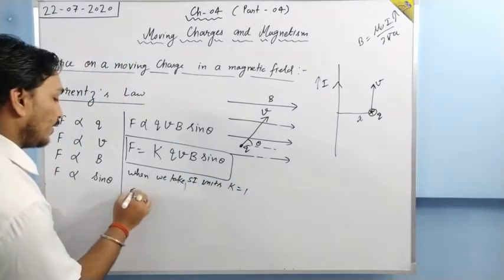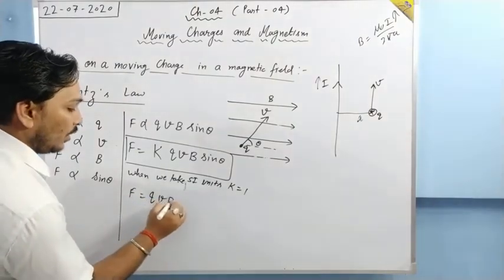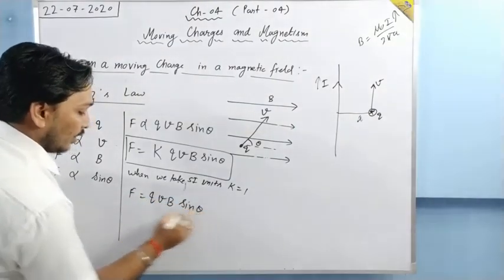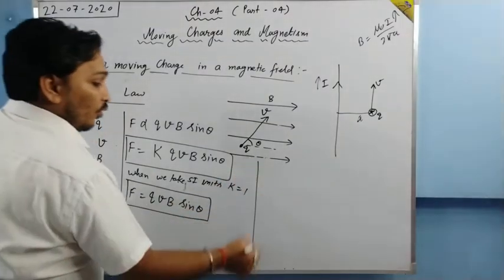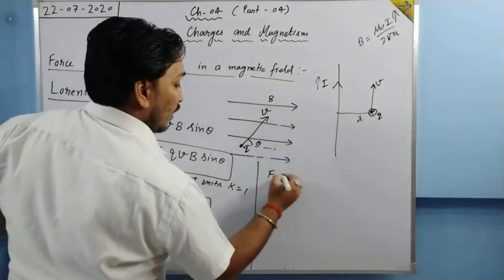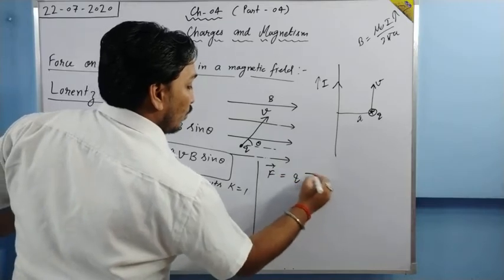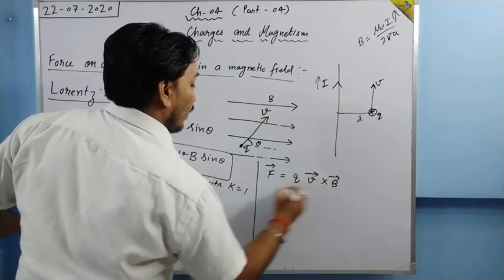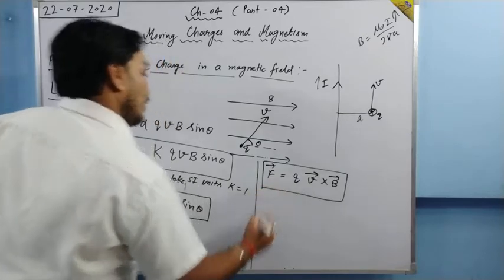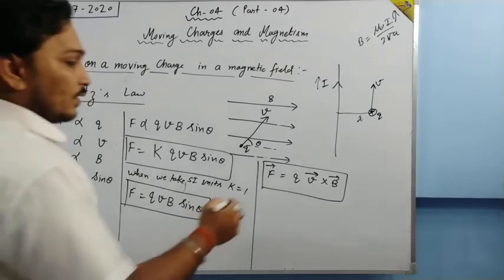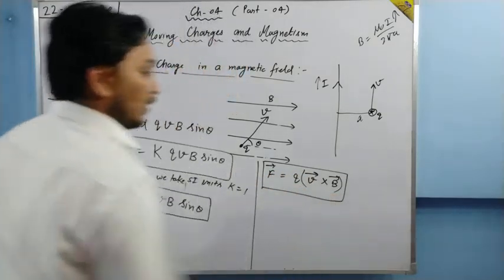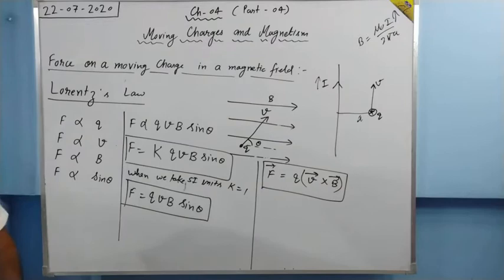So F is equal to what? QVB sine theta. So this is the formula for force. And in vector form, if we want to write, then F vector is equal to Q V vector cross B vector. Let us write like this. So this is the vector form of the expression, and this is the scalar expression.